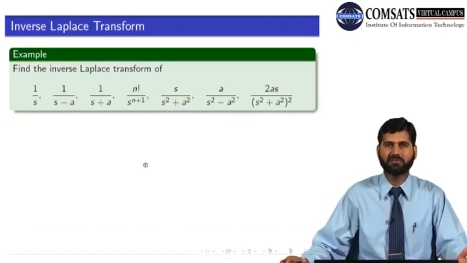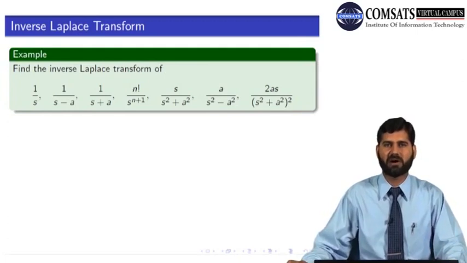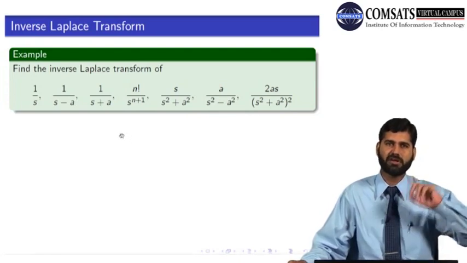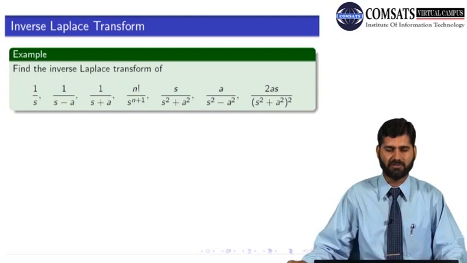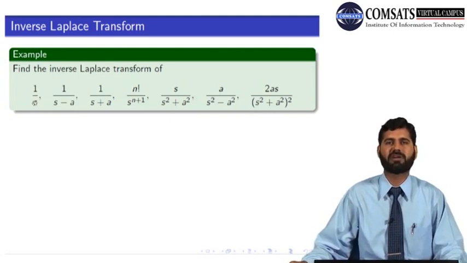This is the question. So let's try to find out the Laplace inverse transform of some function. We have seen some functions and Laplace transform of those functions. So maybe recalling those formulas, let's see if we are able to find out the inverse Laplace transform. Now if you recall, 1 over s was the Laplace transform of 1.